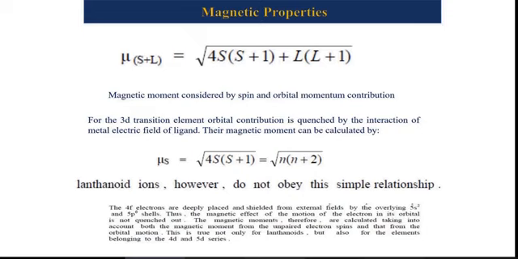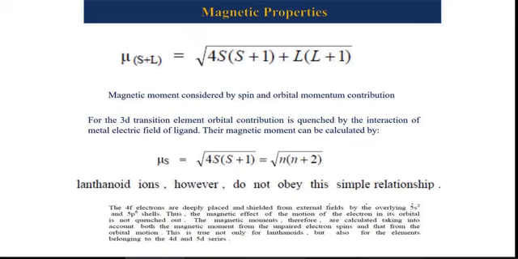Now the question is why? See, in the case of transition elements, remember that the orbital contribution is quenched. Why? Due to the interaction with the electric field of the ligand in its environment. That's why only spin contribution comes into the picture in the case of transition elements.